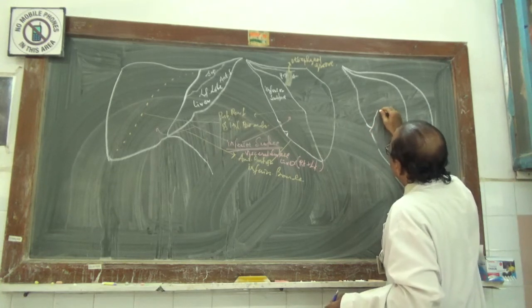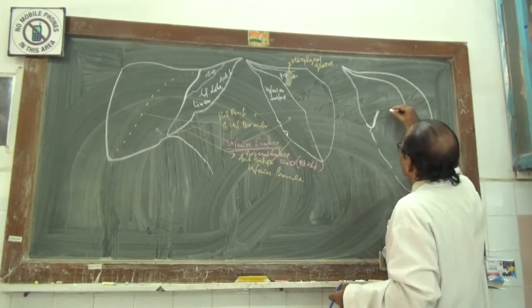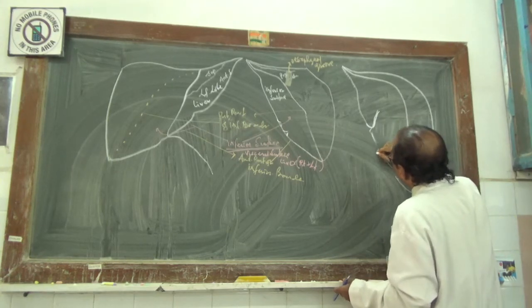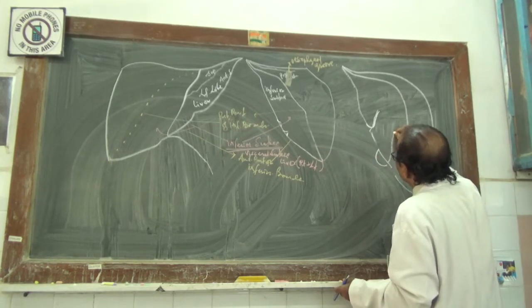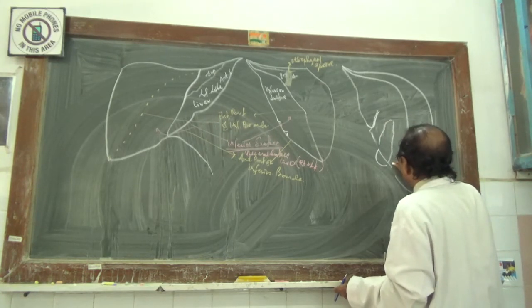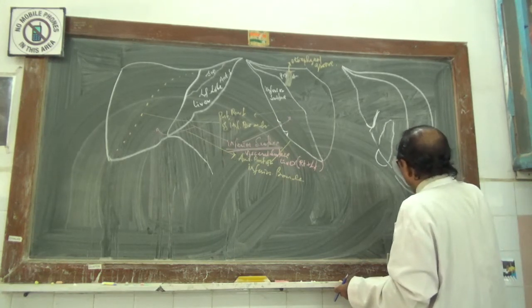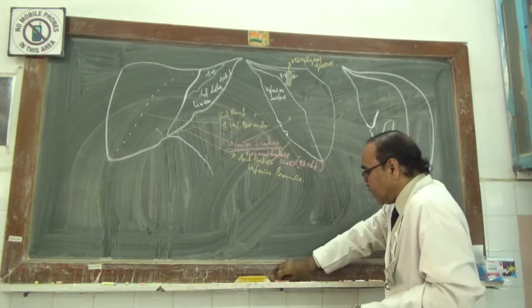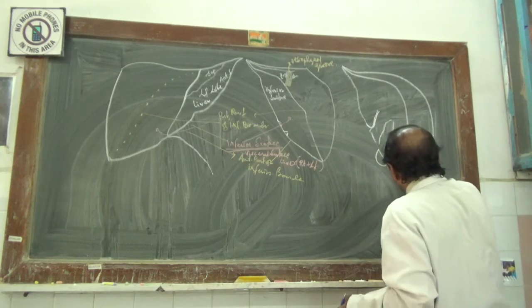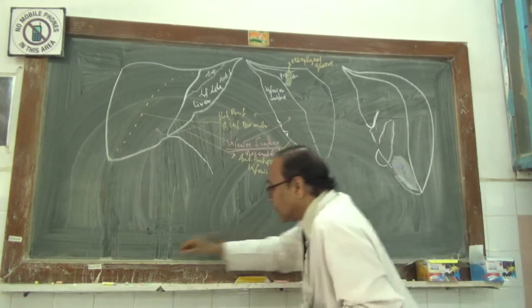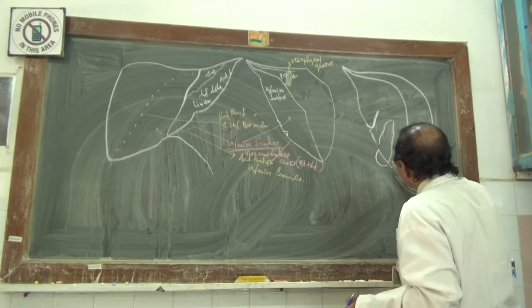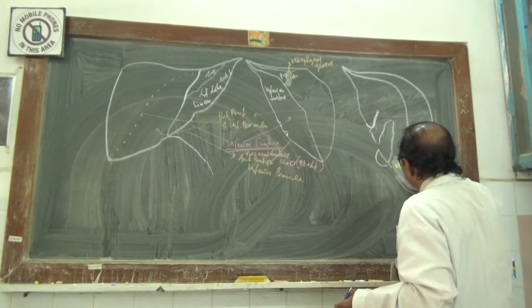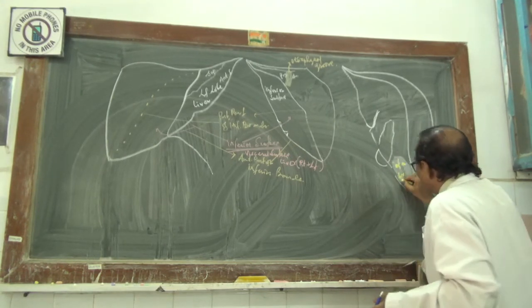So here you will have the ligamentum teres. Here, this is the fossa of the gallbladder. This is the impression for the right colic flexure.